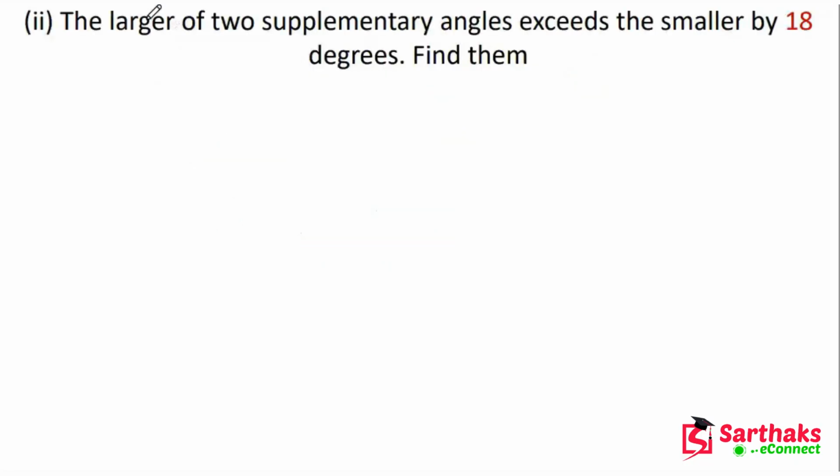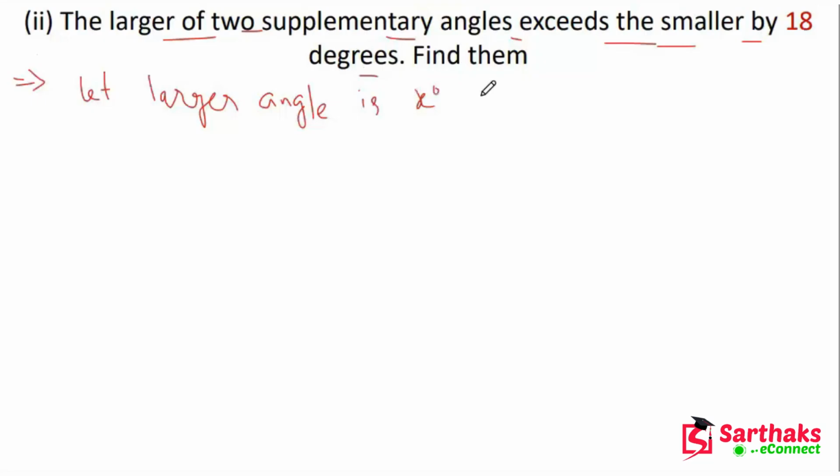The larger of two supplementary angles exceeds the smaller by 18 degrees, then find them. So first of all, let the larger angle be x degrees and the smaller angle be y degrees.